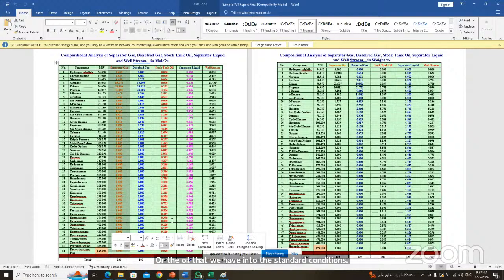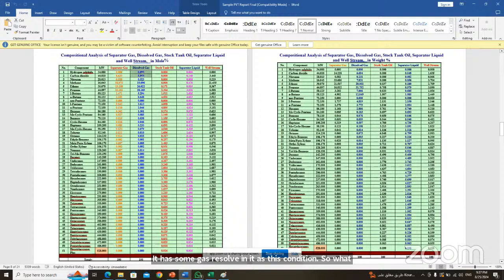But our oil was sampled at separator conditions and has some gas dissolved in it. So we release the gas that's dissolved in the oil sample.